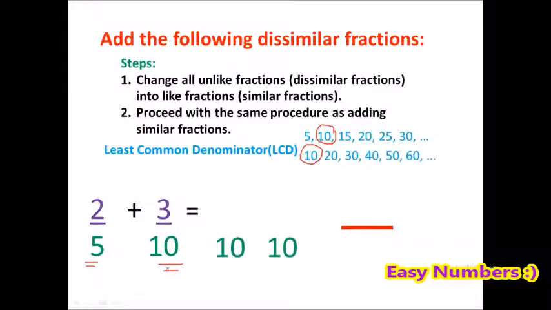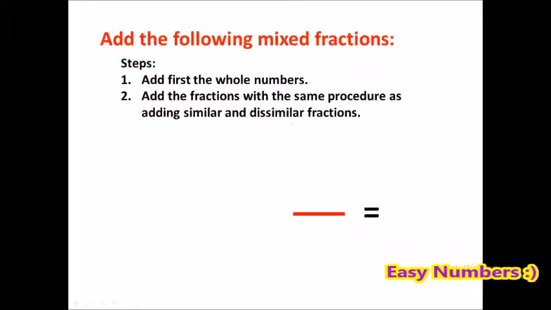Then 10 divided by 10 is 1 times 3 is 3. So we have 4/10 plus 3/10. So 4 plus 3 is equal to 7, and then copy the denominator, 10. So we have no simplest form for 7 over 10, so this would be your final answer.